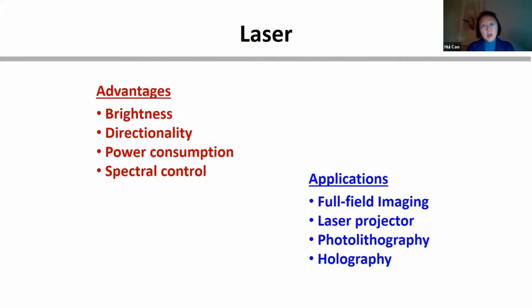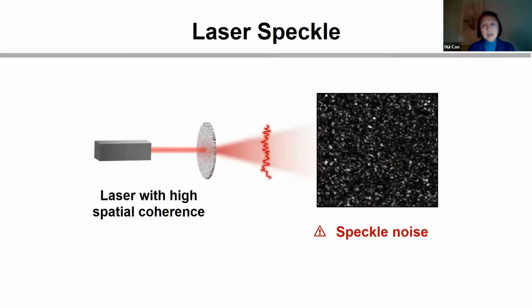But maybe we can use a laser as an illumination source for full-field imaging, for laser projectors, for photolithography, or for holography. But for those applications, the laser faces a very serious issue. That is a coherent artifact, because its emission has very high coherence. That is the laser speckle.